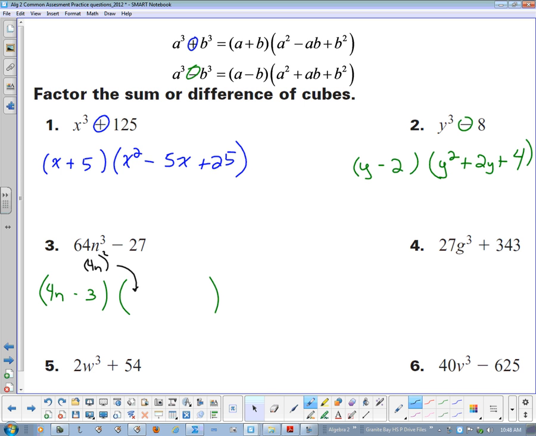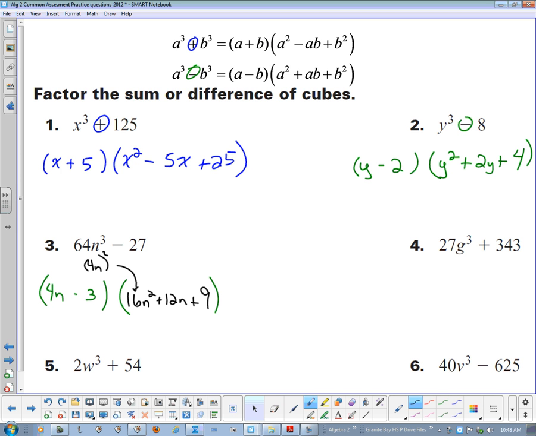What's 4n, quantity squared? 16n squared. Finally, right here, after the 16, this is going to be minus 12n. Oh, plus 12n, sorry. And then plus, no, 9.